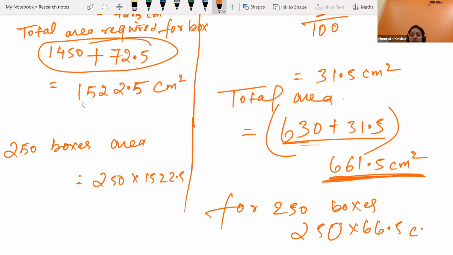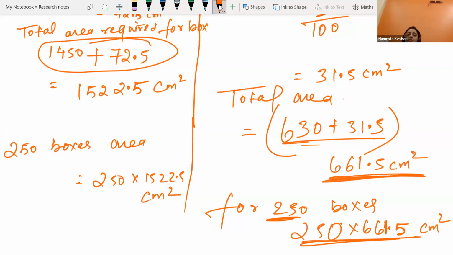Let's keep it like this. Wait, no, it is the area. We have taken the area for 250 boxes. This much is the total area, yes, it is centimeter square.